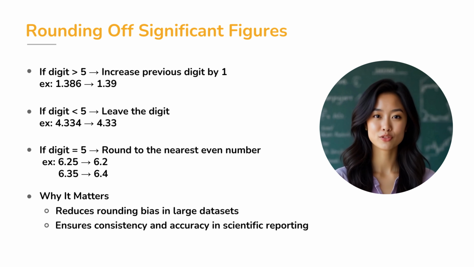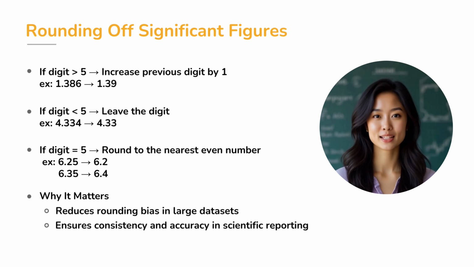When reporting your final answer, it's important to round off correctly. Let's go over the basic rules. If the digit to be removed is greater than 5, increase the previous digit by 1. Example, 1.386 becomes 1.39. If it's less than 5, just leave it. Example, 4.334 becomes 4.33.